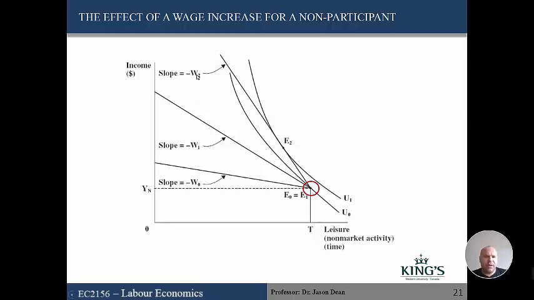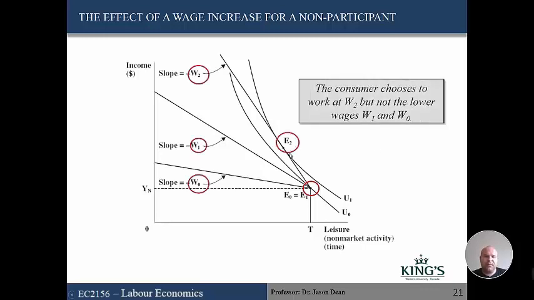But now what happens if the wage increases to W2, exceeding their reservation wage? It would be optimum for them to work and be at point E2, at the level of work associated with E2.